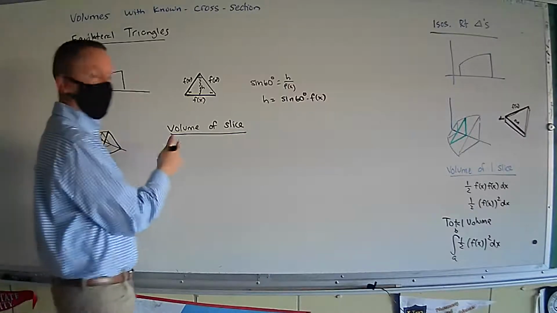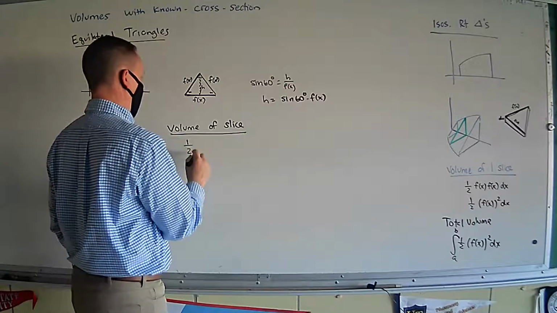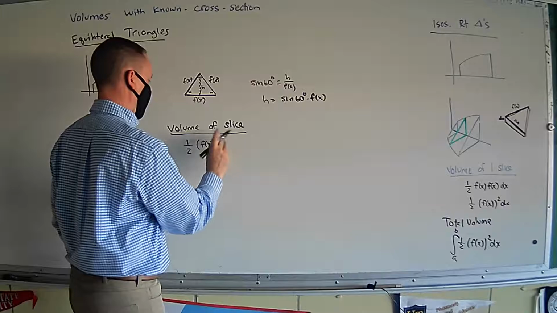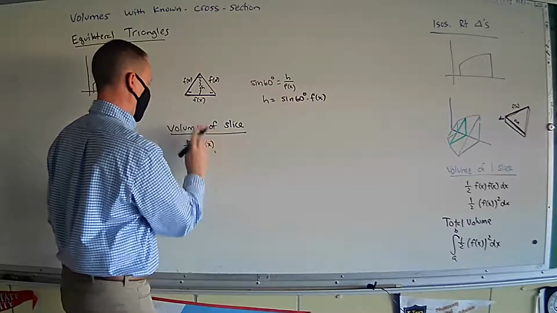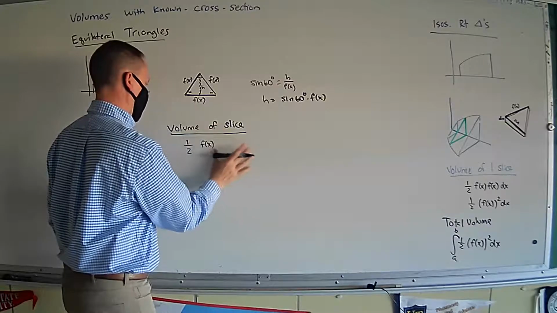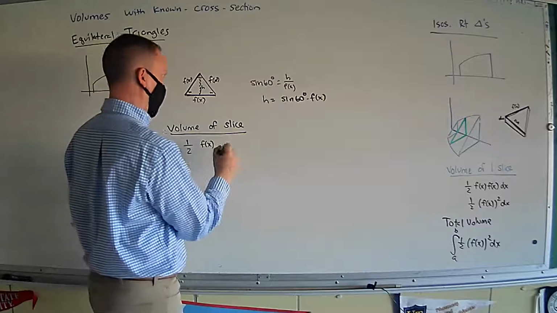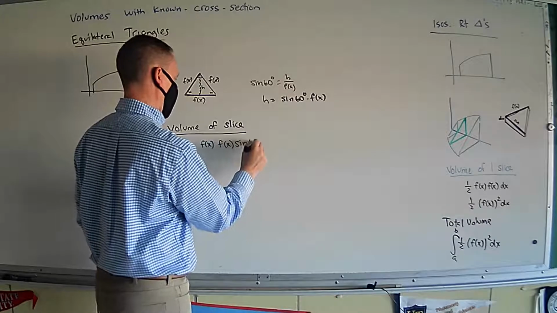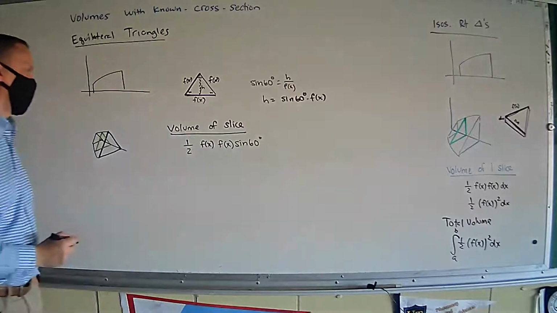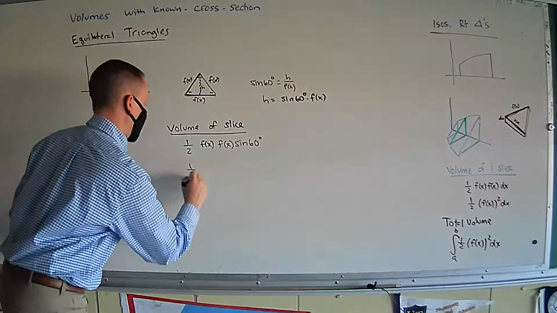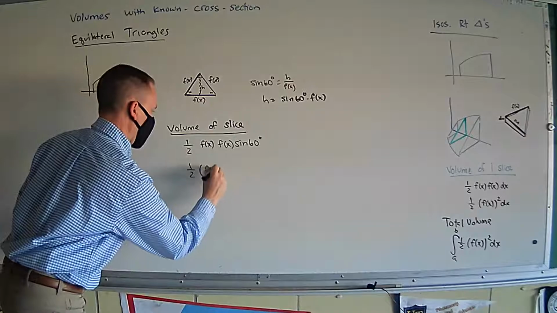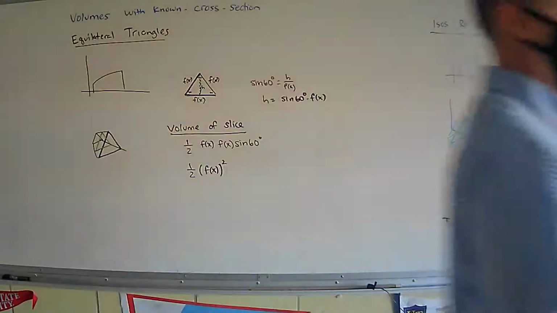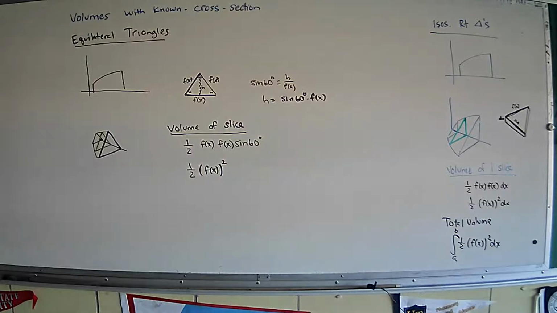So what's the volume of one slice? 1/2 base times height. Or, if you wanted to clean that up, 1/2 f of x squared. Does anybody know what sine of 60 is? We could just leave it like sine of 60 if you don't know.